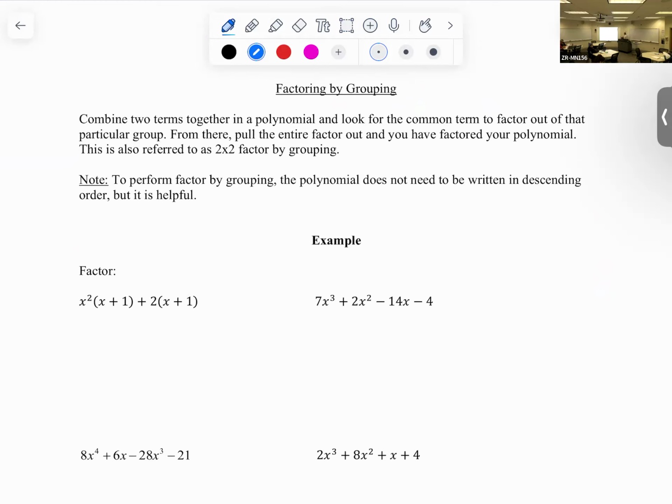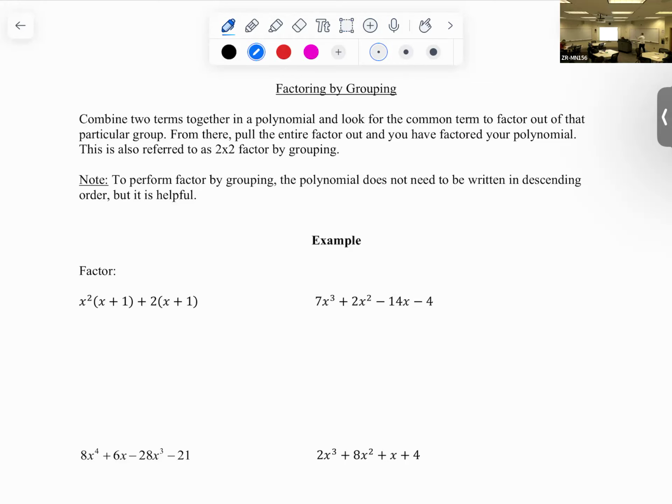Factor by grouping, so we're going to look at how to pull apart 2 terms, 3 terms, and 4 terms. For 4 terms, the most common approach is 2 by 2 factor by grouping, which means you look at 2 terms at a time and pull out the greatest common factor within each.